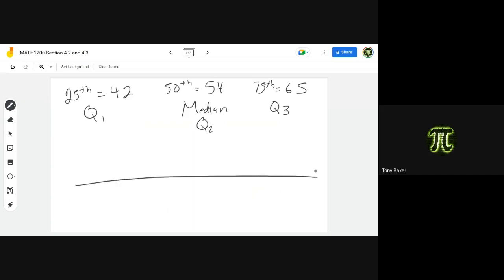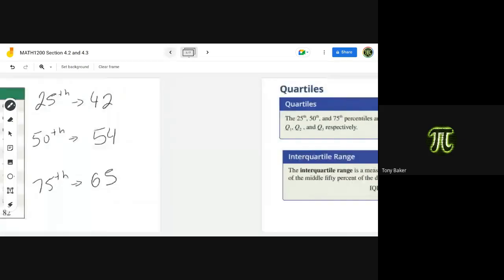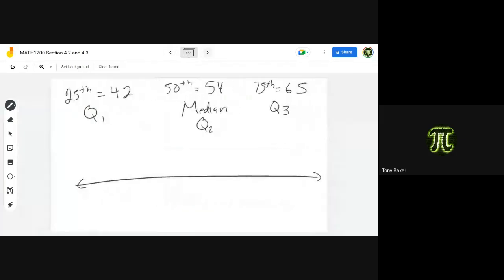So if I was to draw my number line, what was the smallest number? 18, right? And the biggest number was 82.